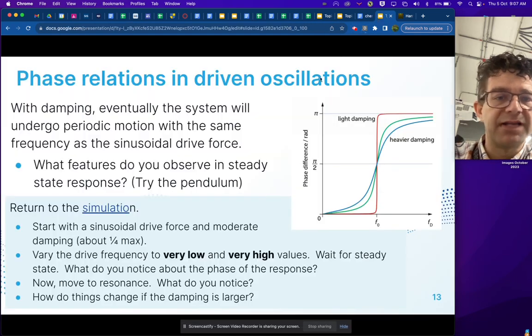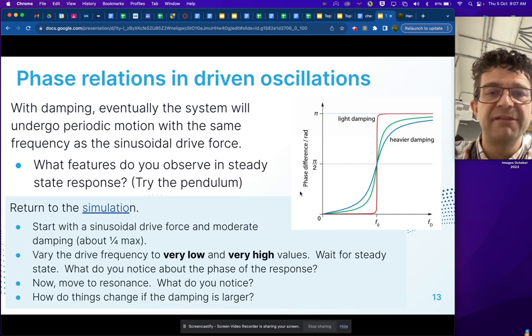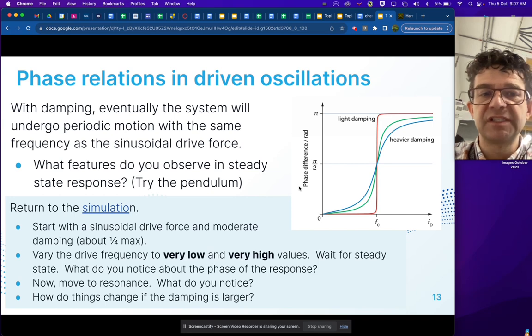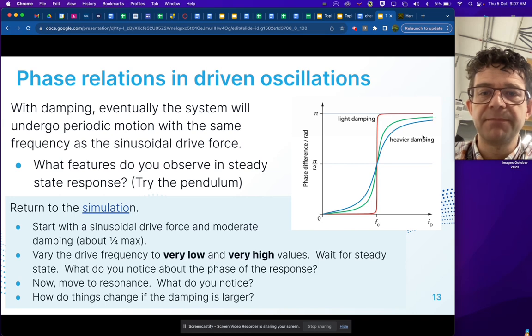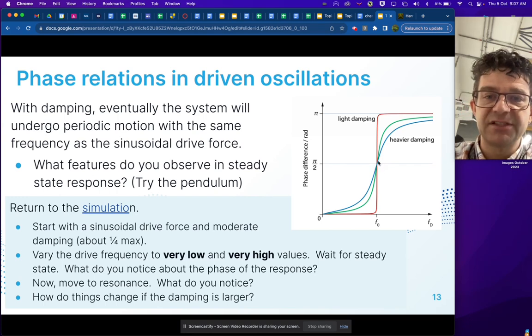And that's summarized in a curve that's shaped like this, that shows that the phase difference between the drive and the response is 0 at low frequencies, is pi, or exactly out of phase, for high frequencies, and is pi over 2, the difference between sine and cosine, for resonance frequency.